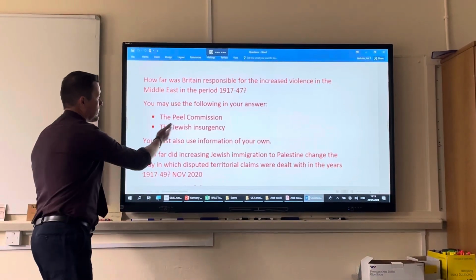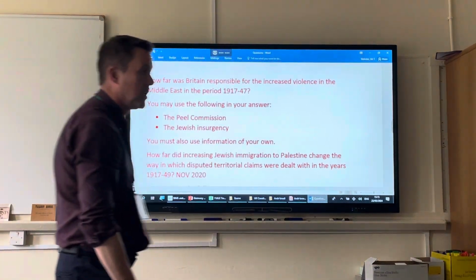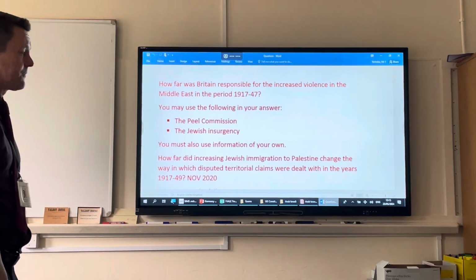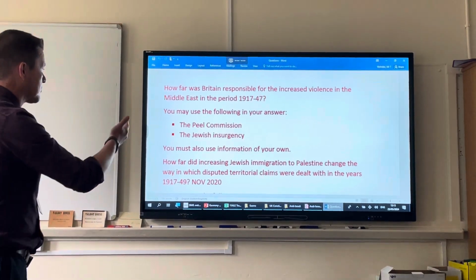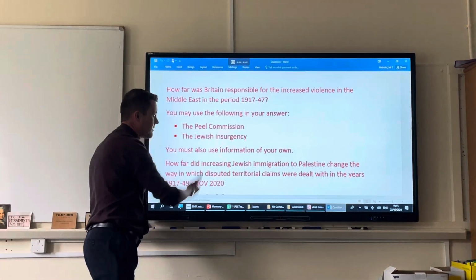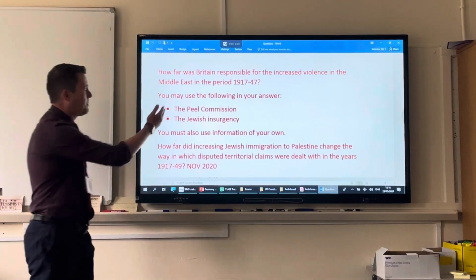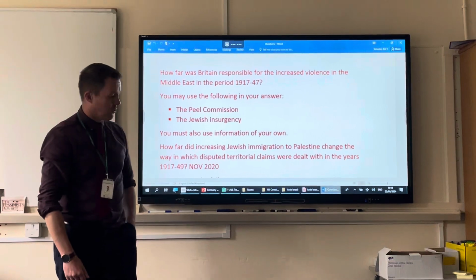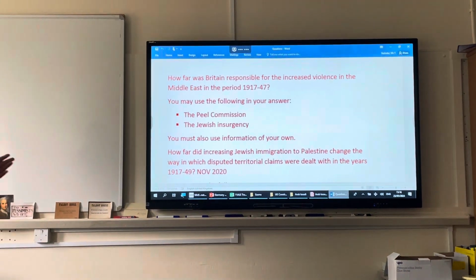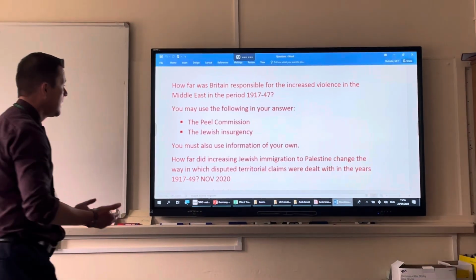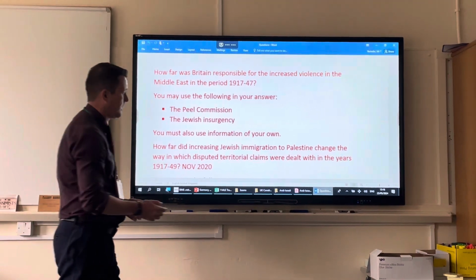So obviously the Jewish insurgency is caused by British policies in terms of immigration, cutting immigration after 1933, but it's also caused by the Holocaust and Hitler getting into power, which isn't a British problem. The Peel Commission is obviously caused partly by Britain coming up with the actual Peel Commission and the partition plan, but it's also caused by maybe the Arab people not accepting the Peel Commission.